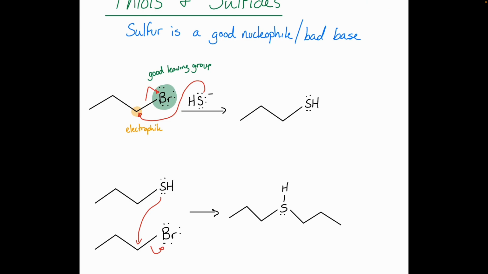Okay, if we're being good at this step in our mechanism, we have this protonated sulfide. So I'm going to need some base to come along. I'm just going to use generic B for base.